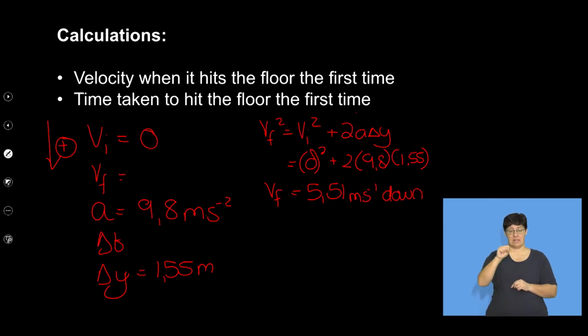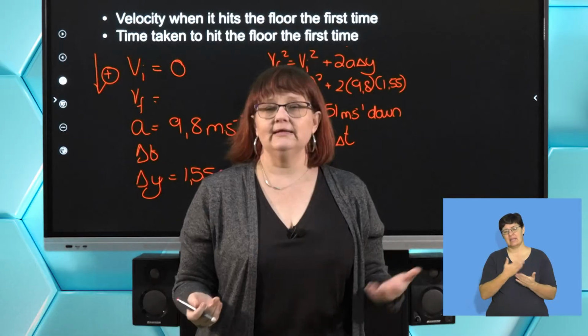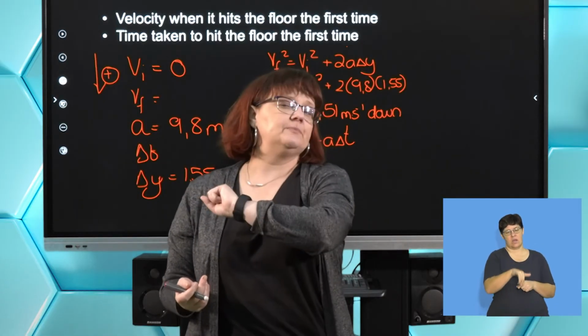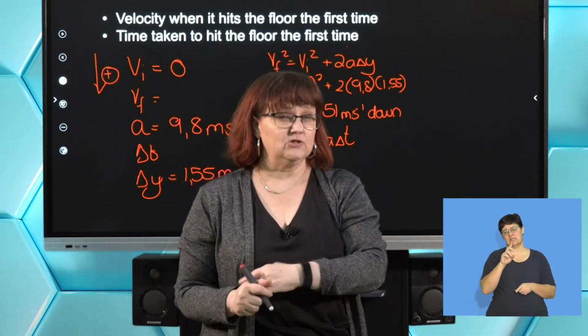What I also need to know is the time taken. At this point, I have several equations I can use. I'm just going to use the one that, quite frankly, is the easiest, which is Vf equals Vi plus a delta t. Of course, you could use delta y equals Vi delta t plus a half a delta t squared, the other one.